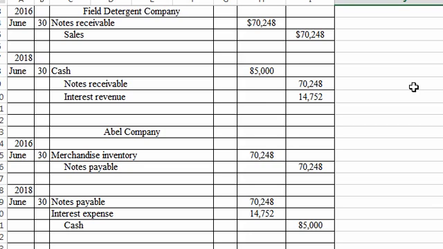Just remember, in accounting, there's no such thing as an interest-free note. We'll impute the interest even if it says it's interest-free, which is what we did here. Just like there's really no free lunch, right? No free borrowings as far as our generally accepted accounting principles would look at it.